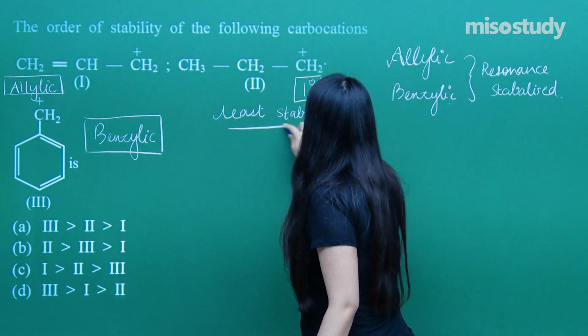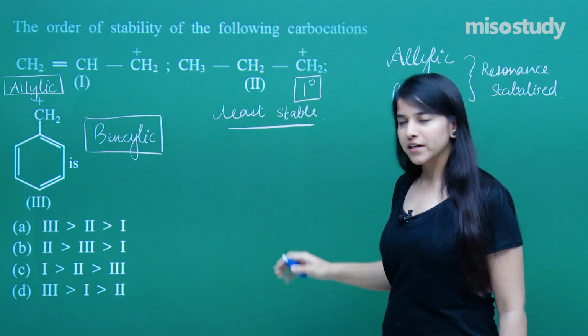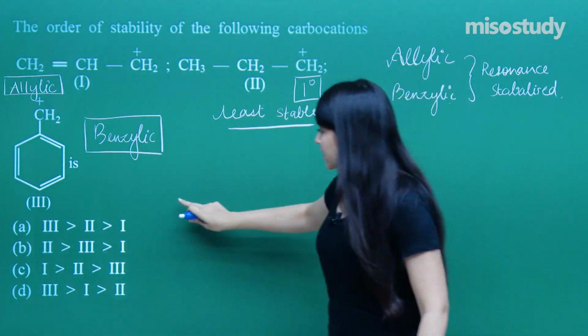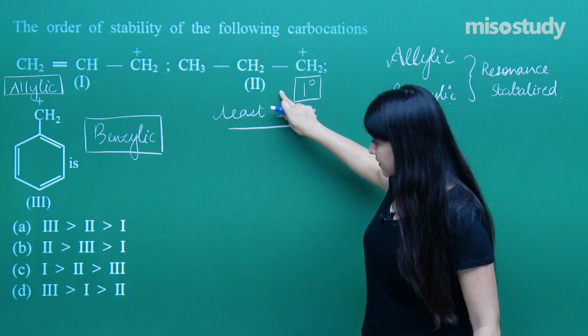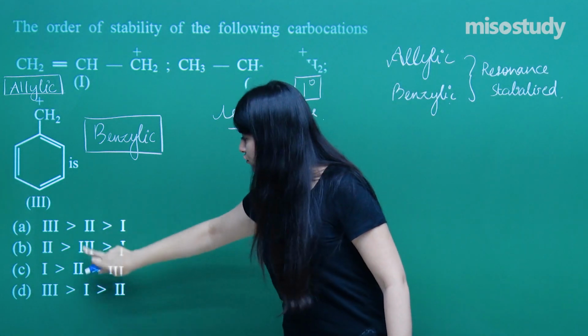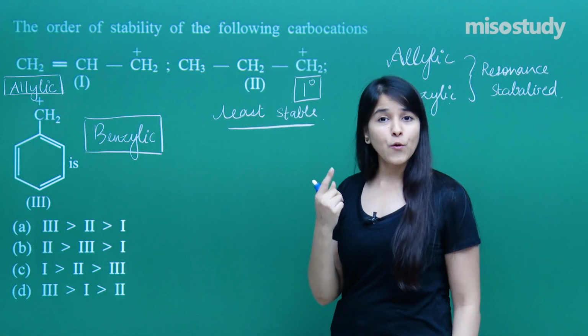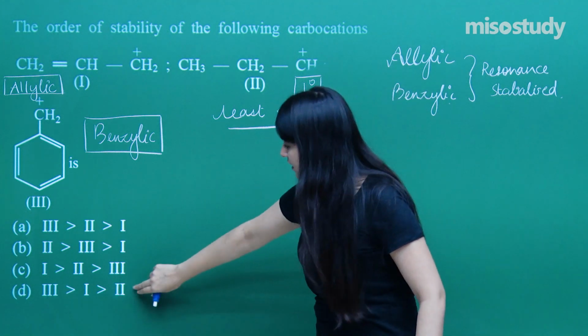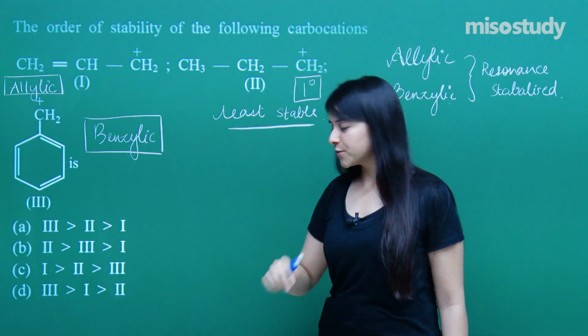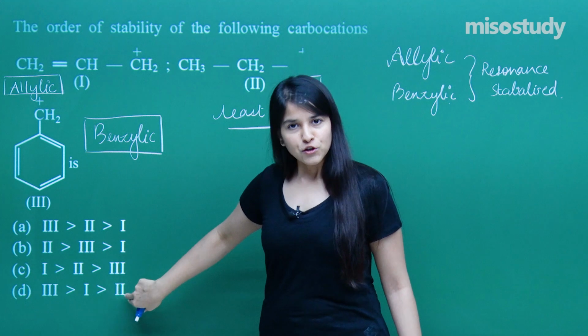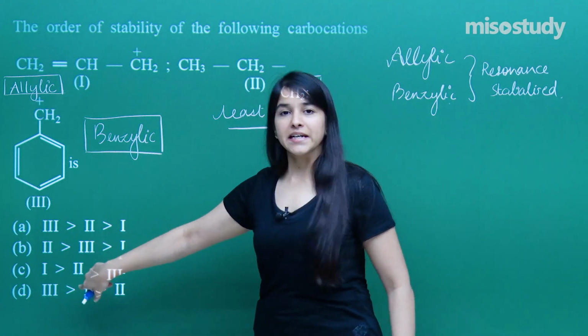I hope you are all able to recognize this type of carbocation. Now I have got the second one as the least. Out of the 4 options, only one option has the second as the least, so the answer would be D.